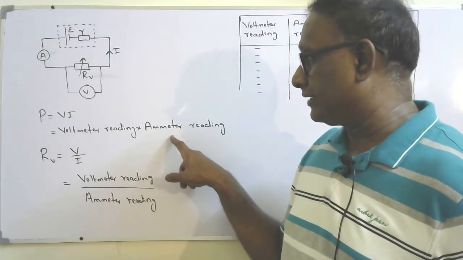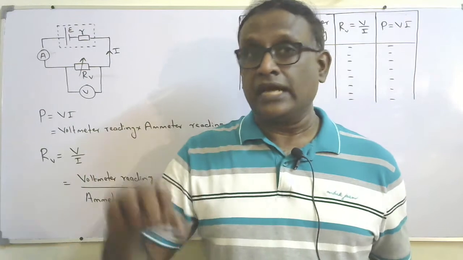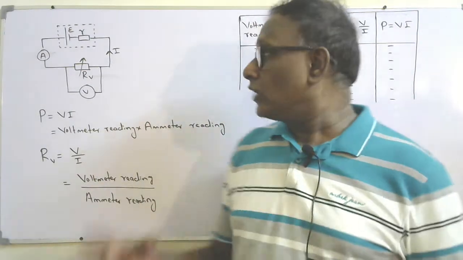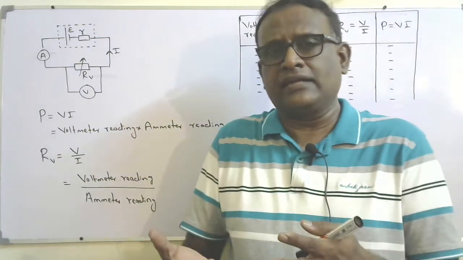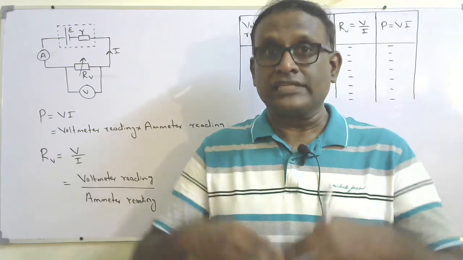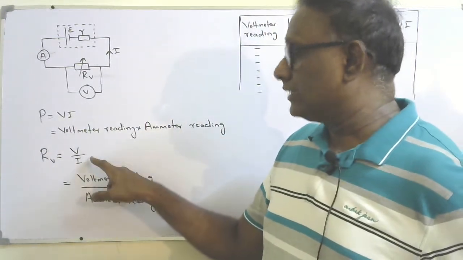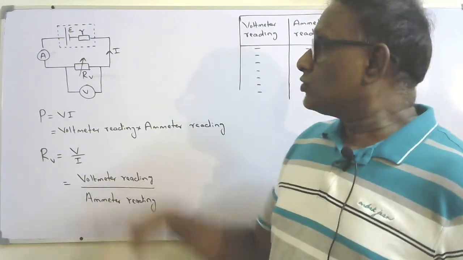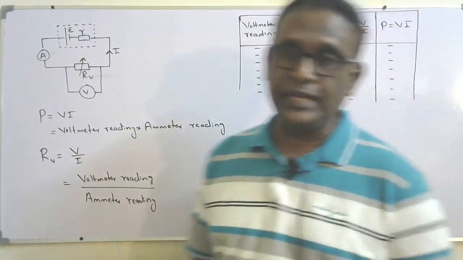Because I'm using a rheostat, I can't find the resistance directly, so I need to record it. I can find the resistance of the external component in the circuit by dividing the voltmeter reading by ammeter reading, R equals V over I.